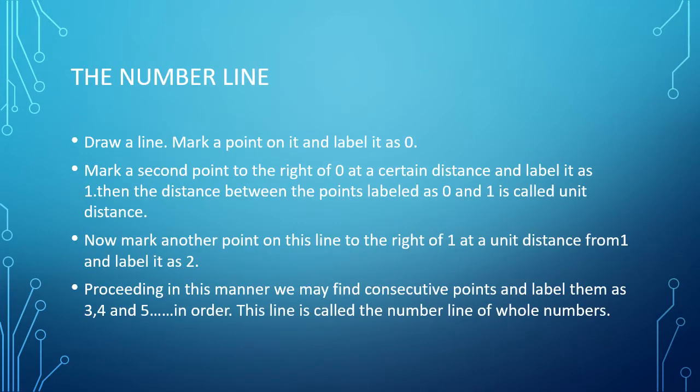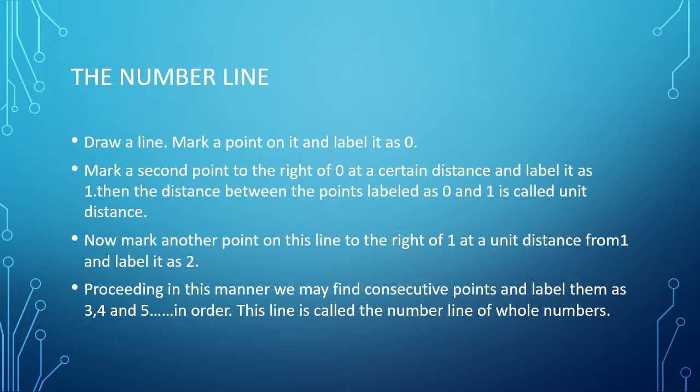The number line. Draw a line. Mark a point on it and label it as 0. Mark a second point to the right of 0 at a certain distance and label it as 1. Then the distance between the points labeled as 0 and 1 is called unit distance.